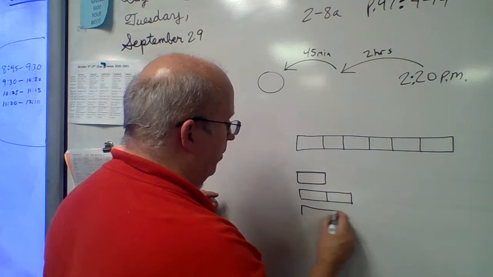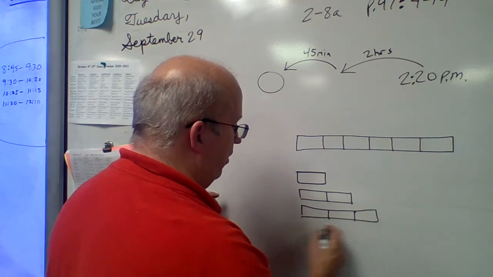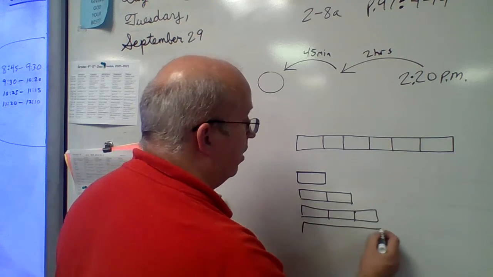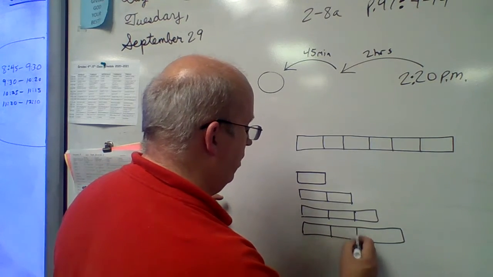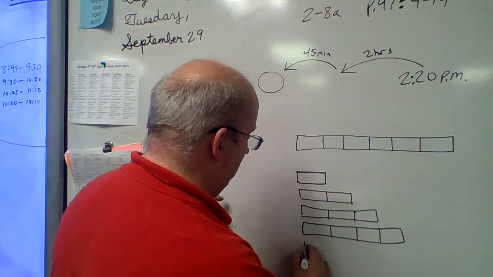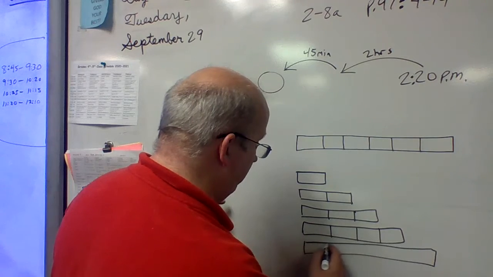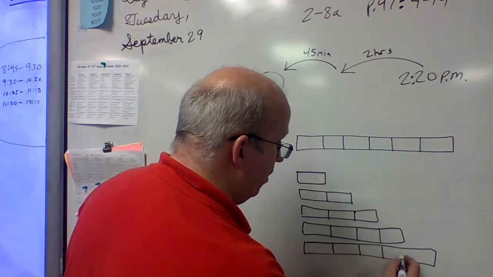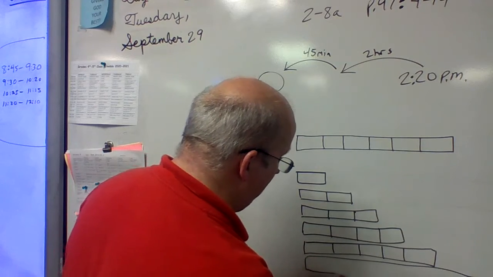Then figure out how many of this size there are in this shape. Then figure out how many there are of this size in the shape. Do you see what's happening? There's a lot of different sizes of shapes in this particular problem. And finally, how many of them are there that are of this size?